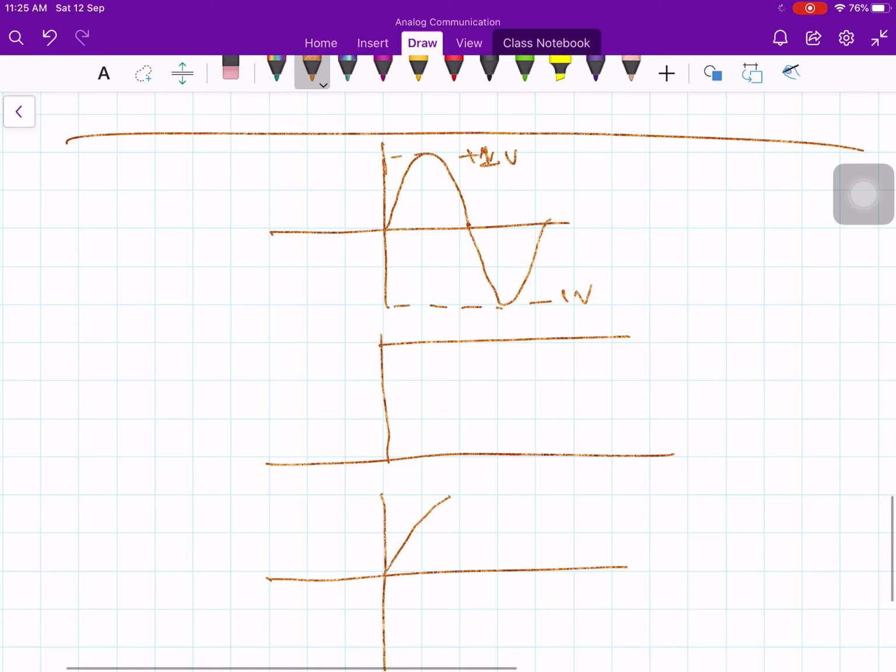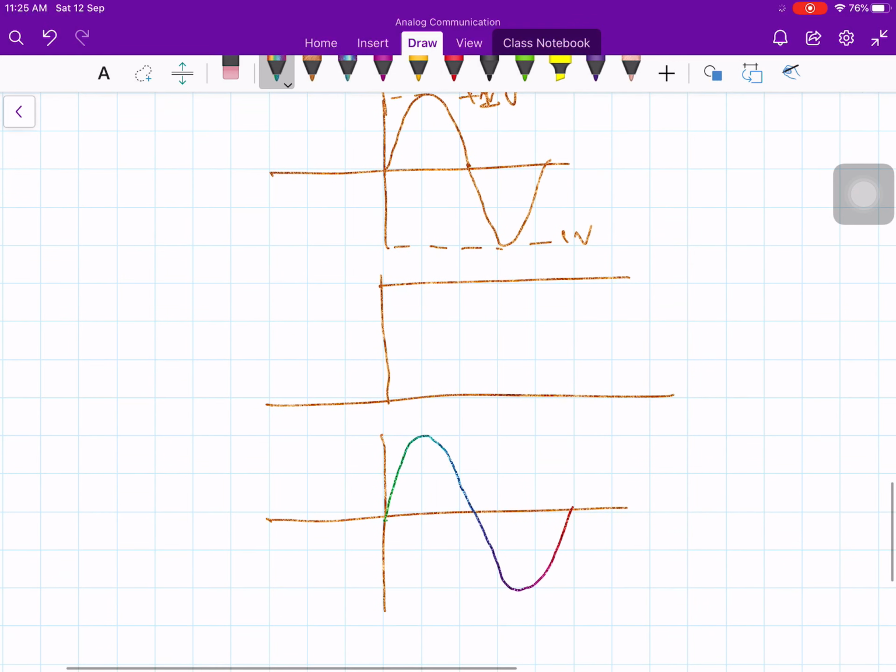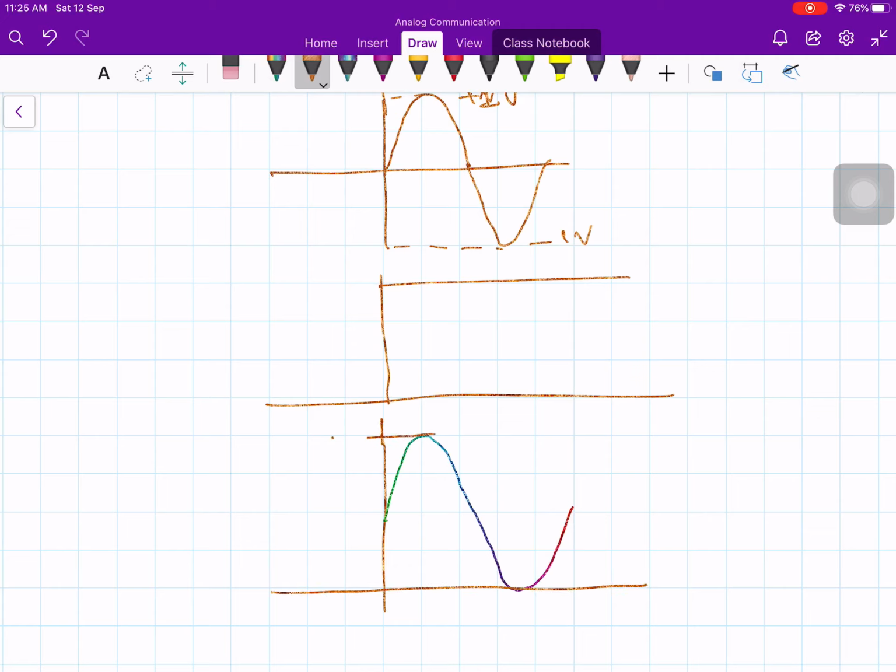My waveform will be like this. So this will be 2 volts and this will be 0 volt. It touches the 0 line.